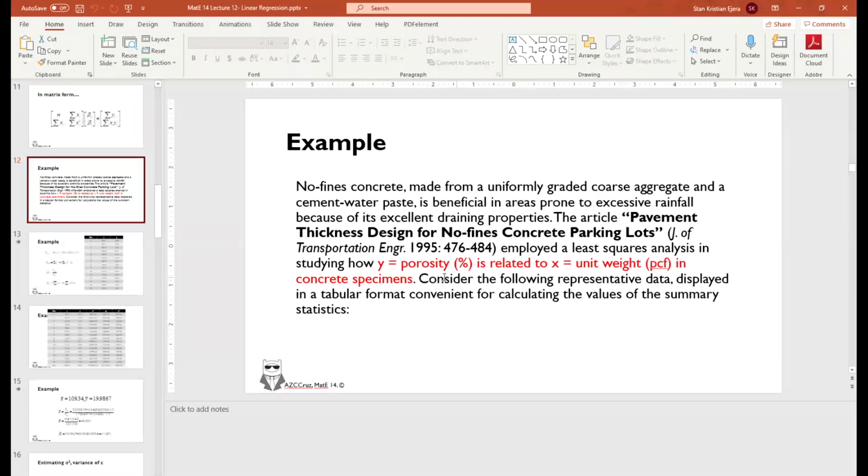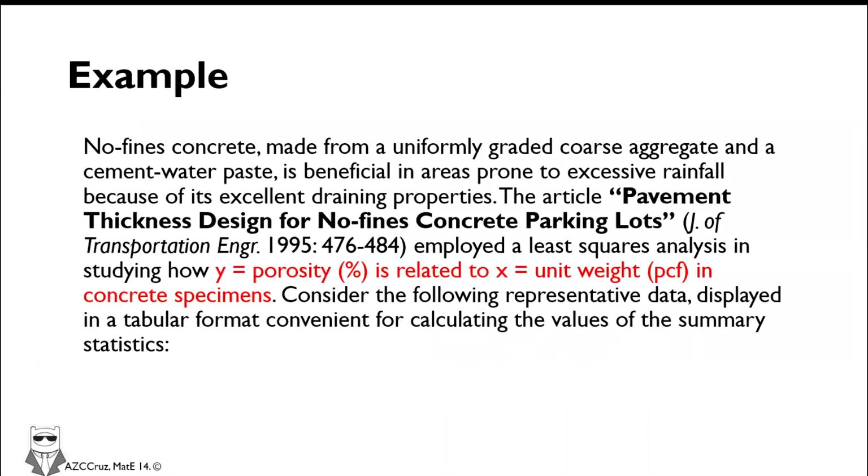Okay? So, try natin to. Well, let's do this problem, no? Meron daw tayong, sorry. May no fines concrete tayo made from a uniformly graded coarse aggregate and cement water paste. Tapos, this is beneficial in areas prone to excessive rainfall because of its excellent draining properties. So, let's use the least squared analysis or regression analysis to compute, to show how your y, which is in this case porosity percentage, is related to your x, which is the unit weight or the PCF in concrete specimens.